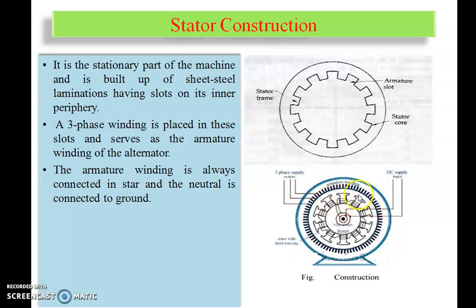Once the generator starts rotating, it produces electricity, and this produced electricity we collect through the armature circuit, because as we know from Faraday's law of electromagnetic induction, whenever a conductor cuts the flux, EMF is induced in that conductor. Hence the armature winding produces the EMF, which will be taken out through the different systems. So this is the part of the stator.